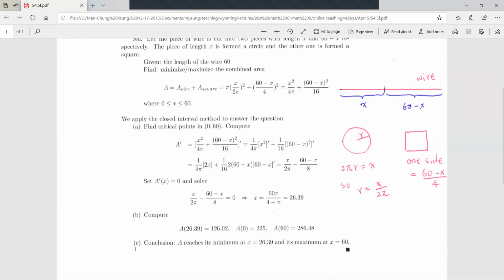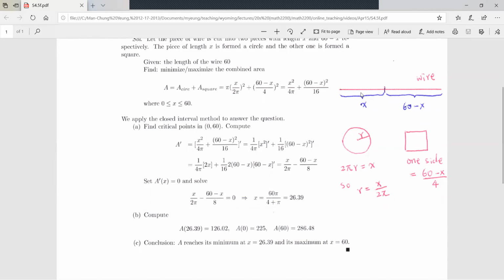Now, step 3, make a conclusion. Among these 3 numbers, the largest is this one. So the combined area reaches the largest when x is 60. What does it mean?